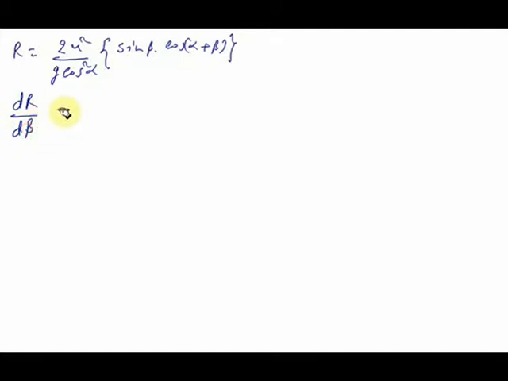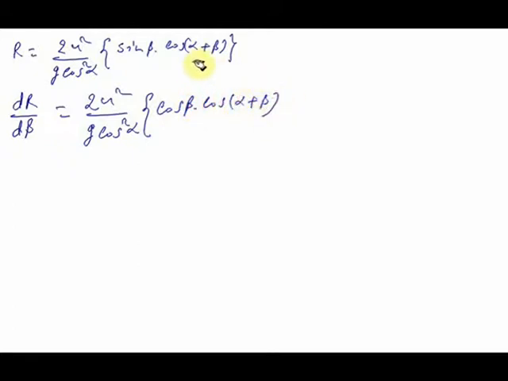So now let's find out what is dR by d beta. This will be 2u square by g cos square alpha. Derivative of sin beta is cos beta. The derivative of cos alpha plus beta is minus sin alpha plus beta.